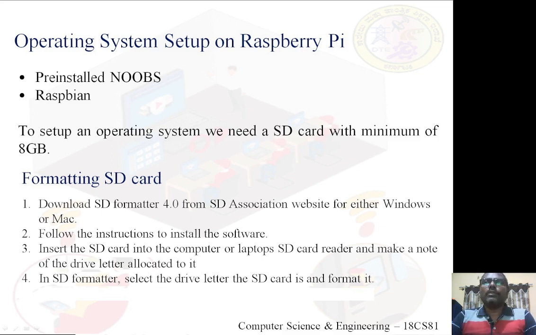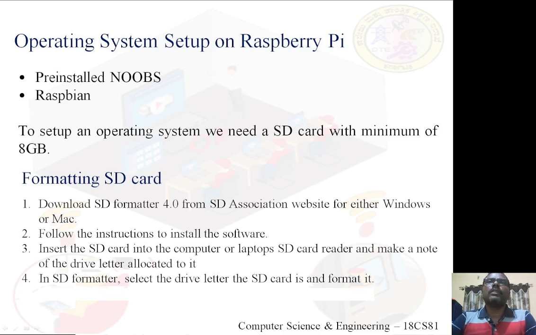The next step, once we have downloaded SD Formatter, is to install it. When we double click, it will ask us to accept some terms and conditions, and we just need to follow next until a finish button appears. So now we have installed SD Formatter.